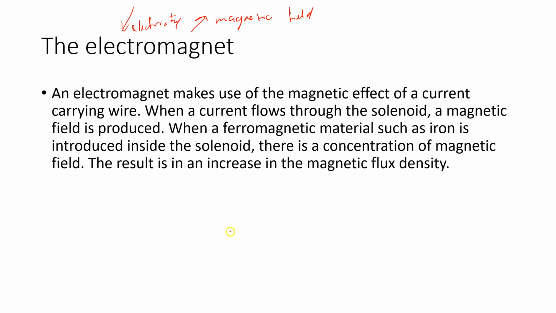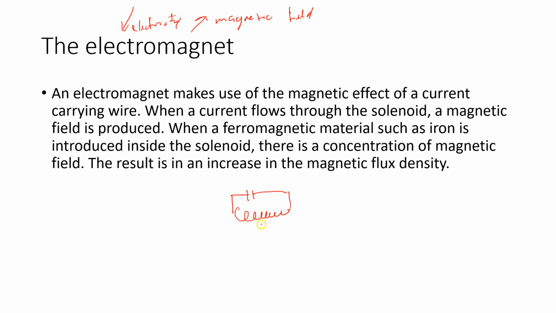Whenever we have a solenoid, and we know by now that a solenoid is a coil of wire wrapped in a spiral way, if some amount of current is applied to it, what you would observe is that this solenoid is going to become magnetized.